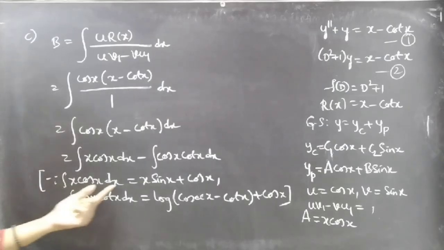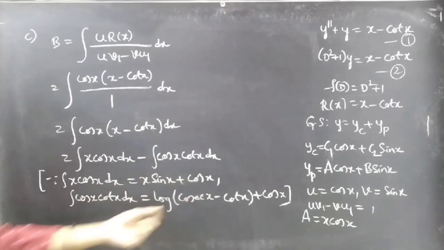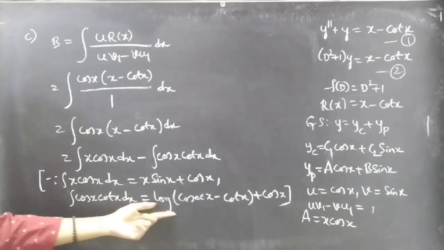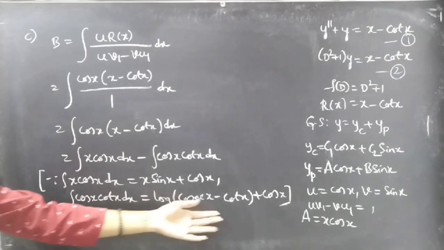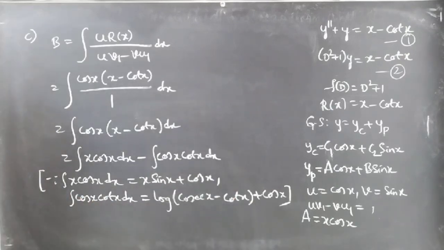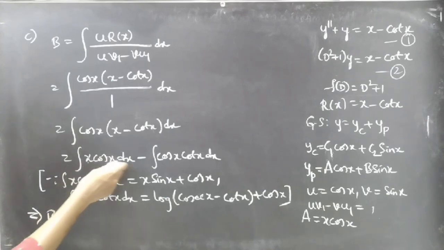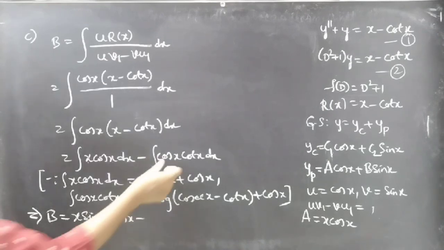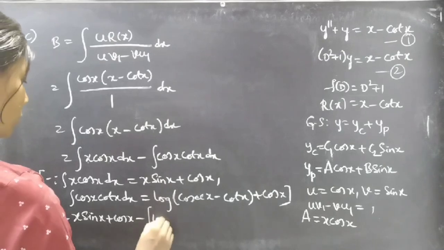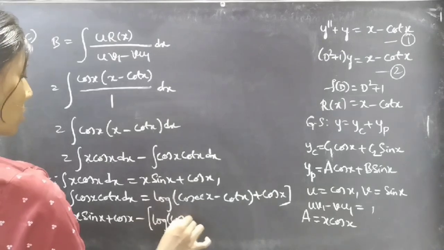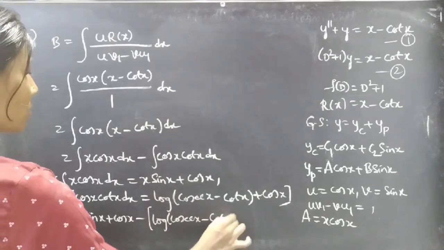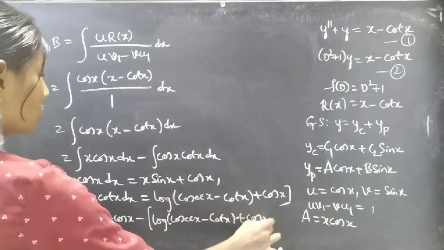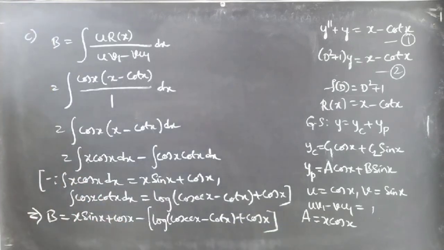Since integral x cos x dx is x sin x plus cos x and integral cos x cot x dx is log of cosecant x minus cot x plus cos x, now the above equation becomes b equal to integral x cos x dx, which is x sin x plus cos x, minus integral cos x cot x dx, which is log of cosecant x minus cot x plus cos x.